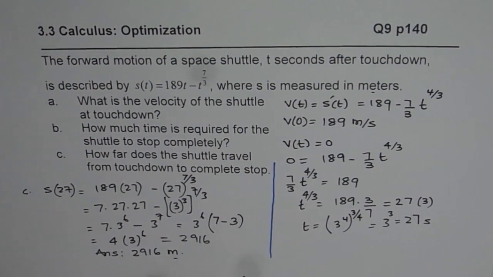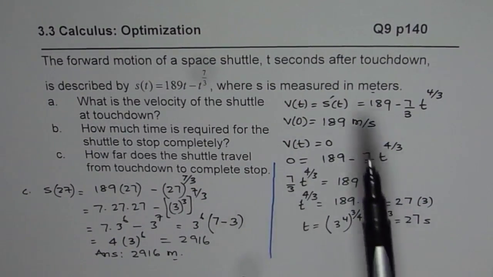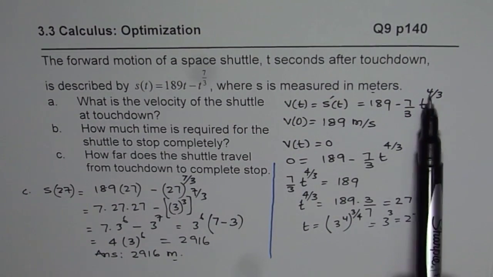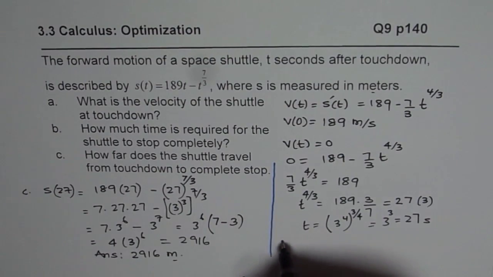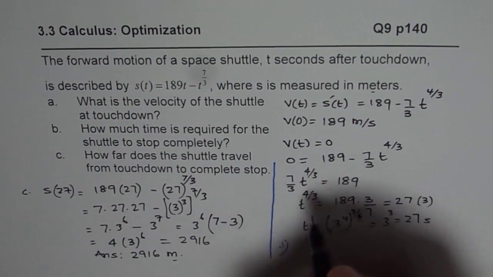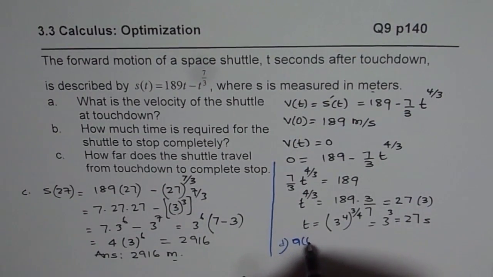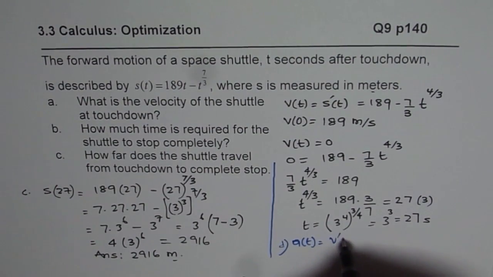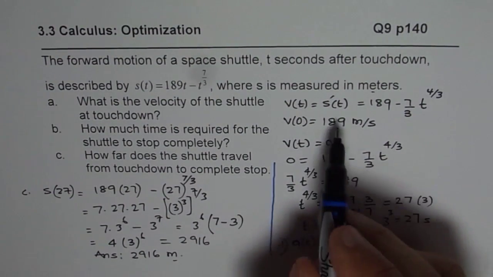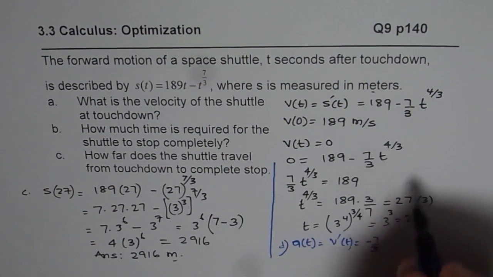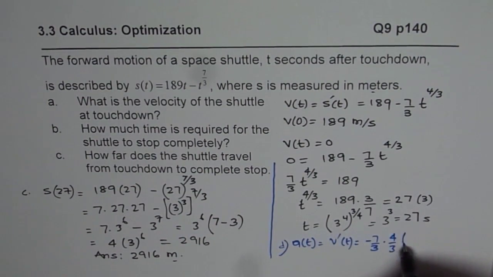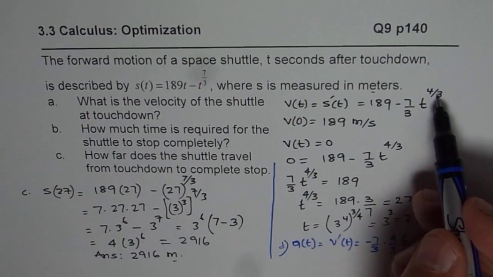2916 meters. Well, to find acceleration, what you can do is find the derivative of this particular function. That is part D, which I didn't really type because I'm running out of space. Acceleration will be the derivative of velocity, which will be minus 7 over 3 times 4 over 3 t to the power of 4 over 3 minus 1.